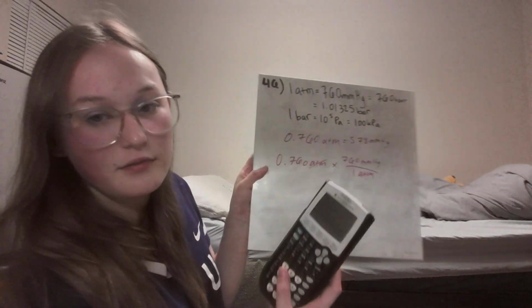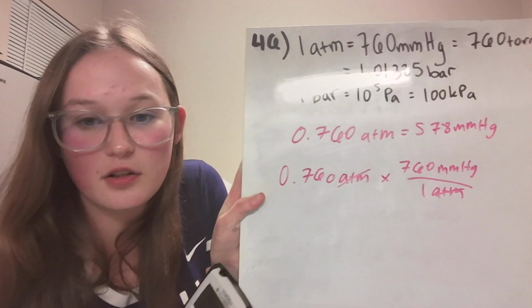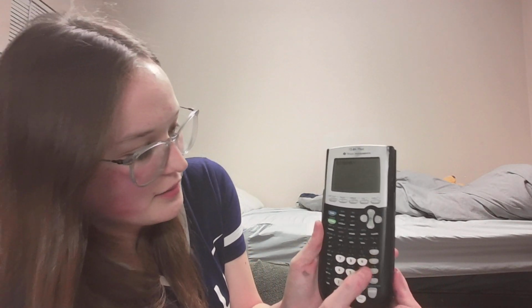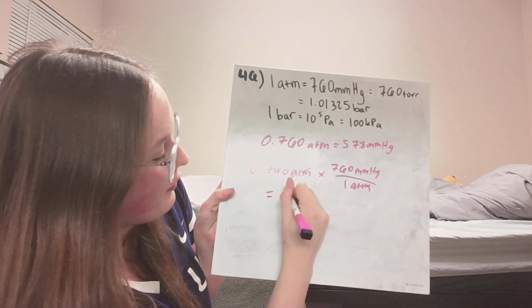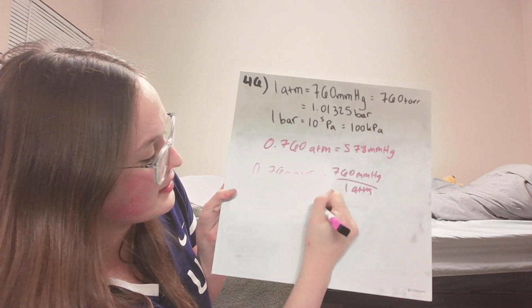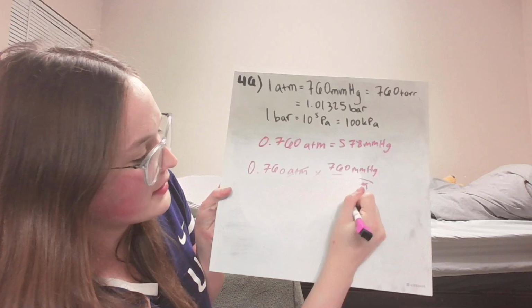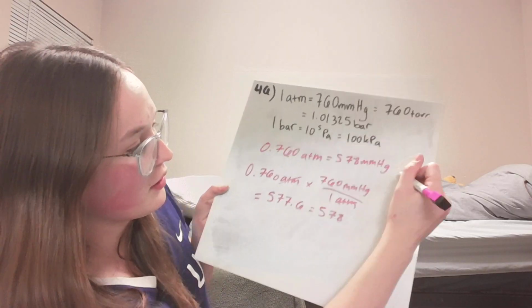In our calculators, 0.760 times 760, you're going to get 577.6, which is about 578. So we know that number 3, or C, is right. See, this is the hard part about finding the odd one out. Which one's wrong? It takes forever.